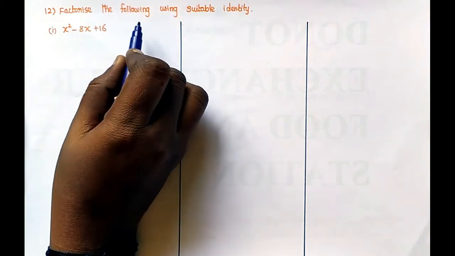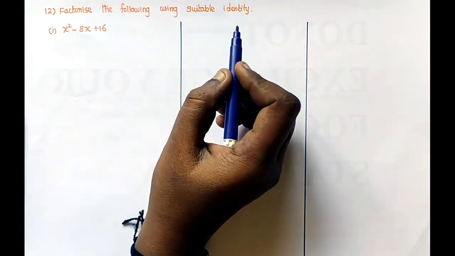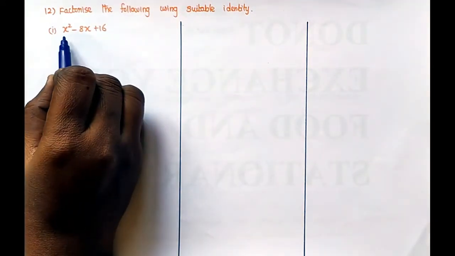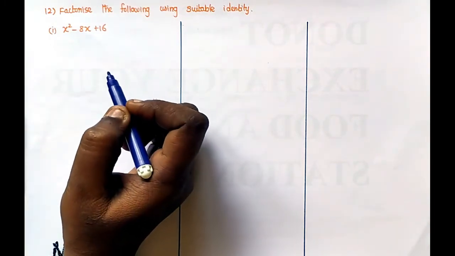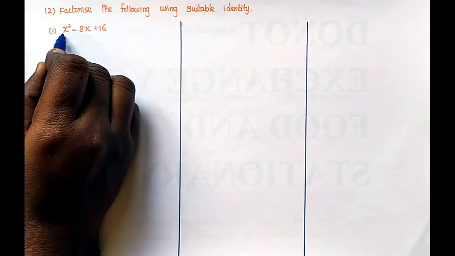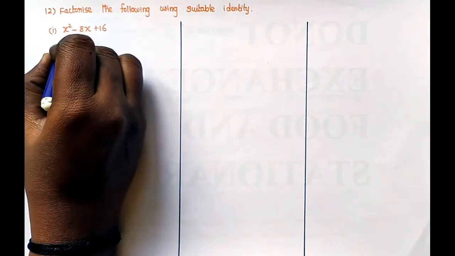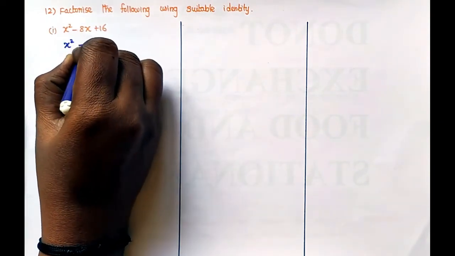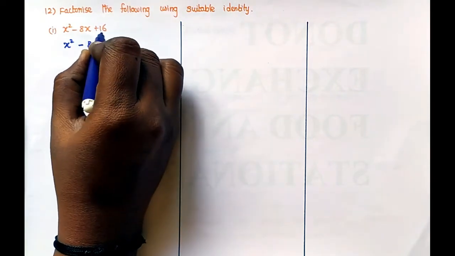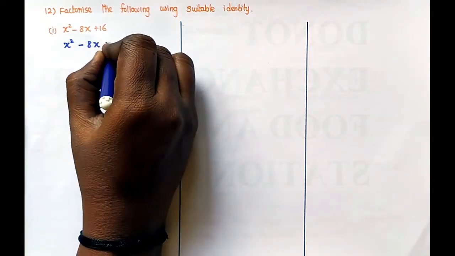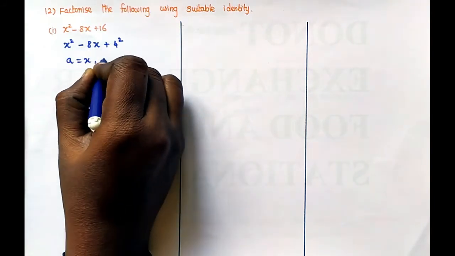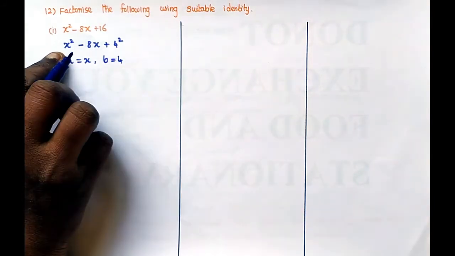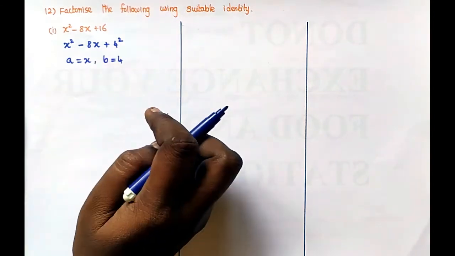12th sum, factorize the following using suitable identity. Listen, x squared minus 8x plus 16. Here x squared, how will you write that? x squared minus 8x plus 16, how will you write that? 4 squared. So a equal to x, b equal to 4. A squared, here b squared, that is 4. Okay, no?